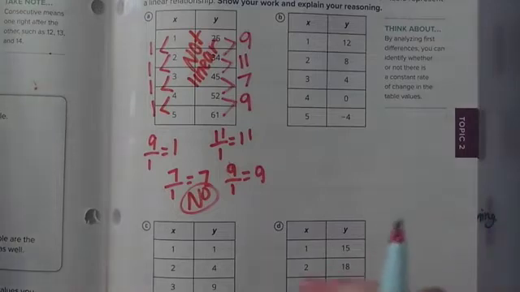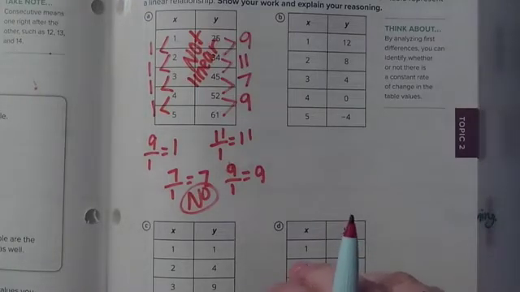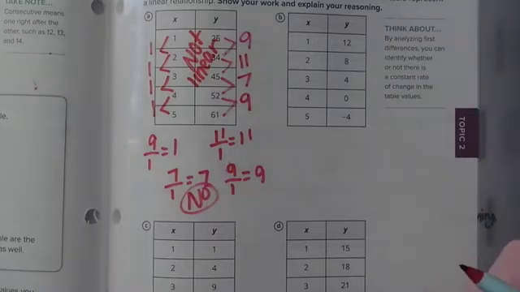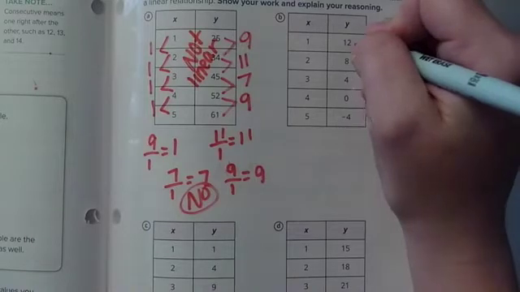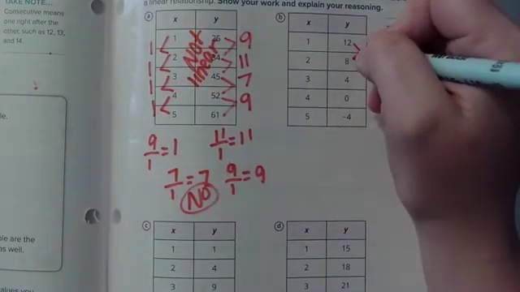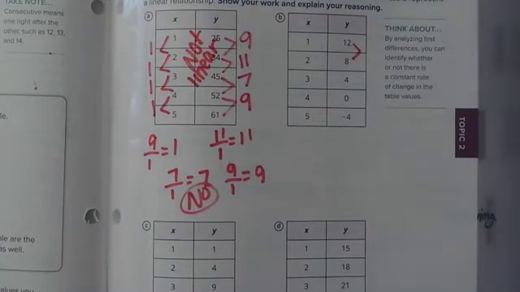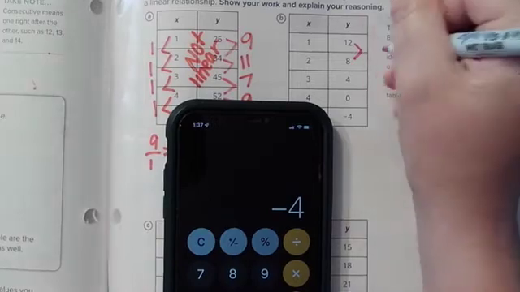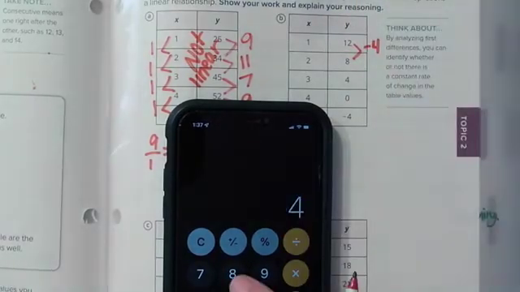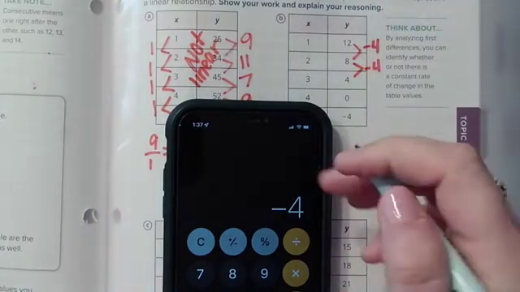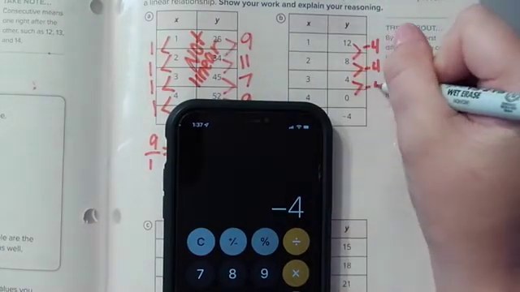Okay, sorry, I'm turning to the next page in my book. Okay, so let's look at this one. 12 to 8. 8 minus 12 is going to be negative because it's getting smaller. So 8 minus 12 is negative 4. 4 minus 8 is negative 4. 0 minus 4 is negative 4.